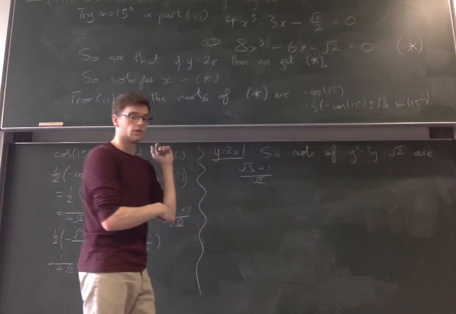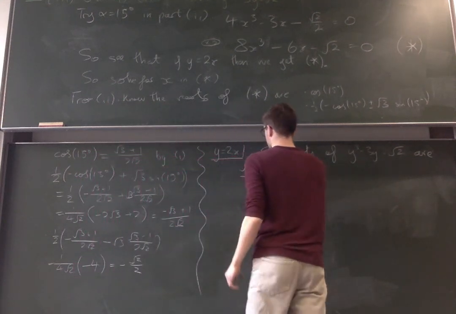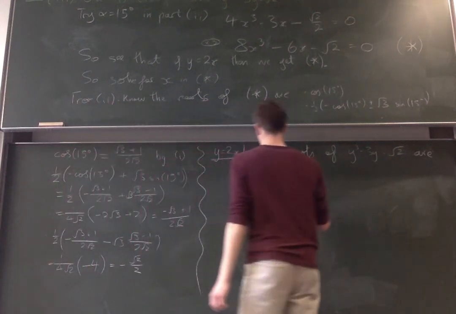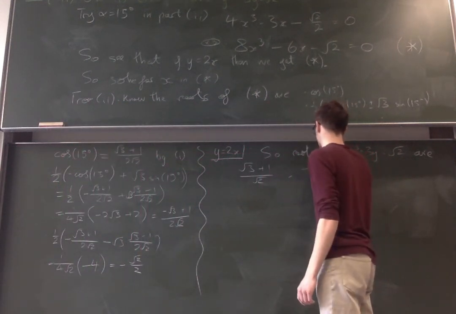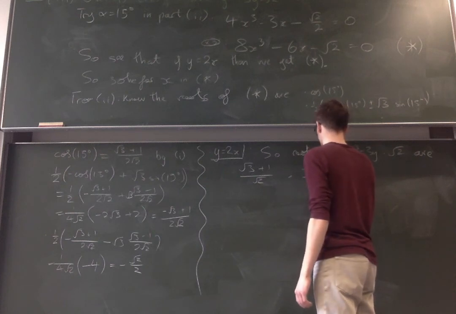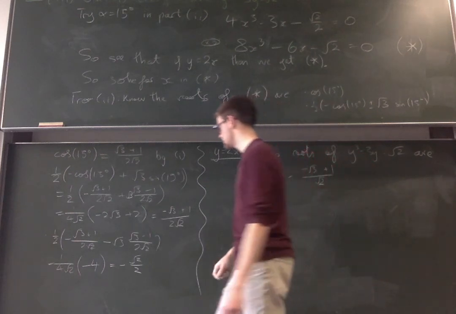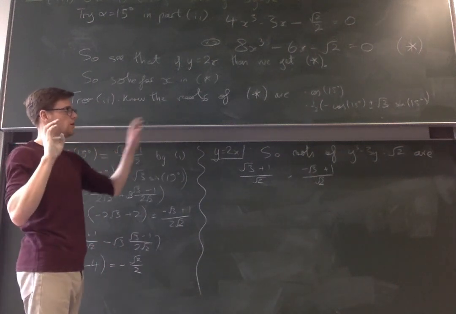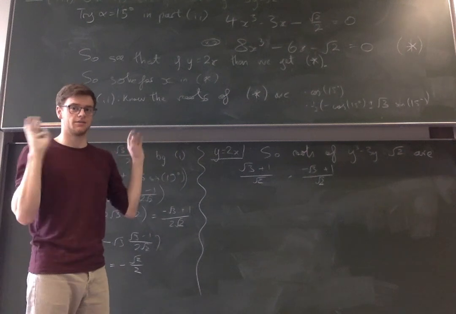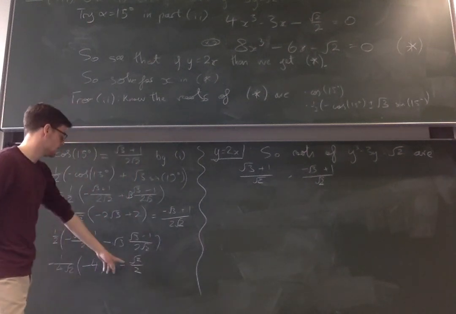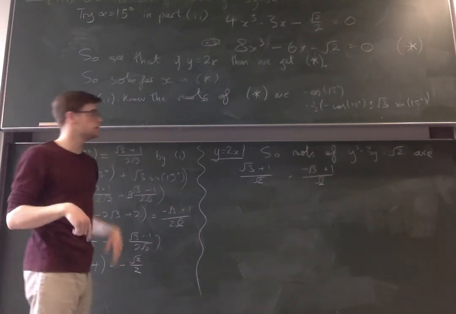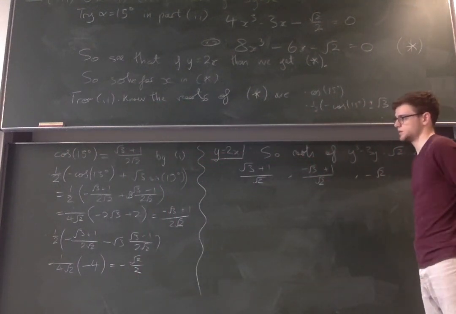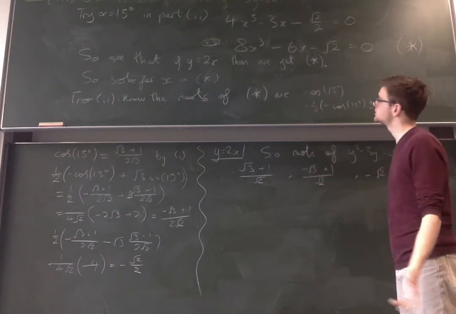That's root 3 plus 1 over root 2. Then this one multiplied by 2, so minus root 3 plus 1 over root 2. And finally, this one multiplied by 2. Did I say root 2 again? Sorry. We're multiplying all of our x solutions by 2. Forgive my tongue. Minus root 2 over 2 multiplied by 2, because it's y equals 2x, gets minus root 2. And we've got all our solutions in surd form.